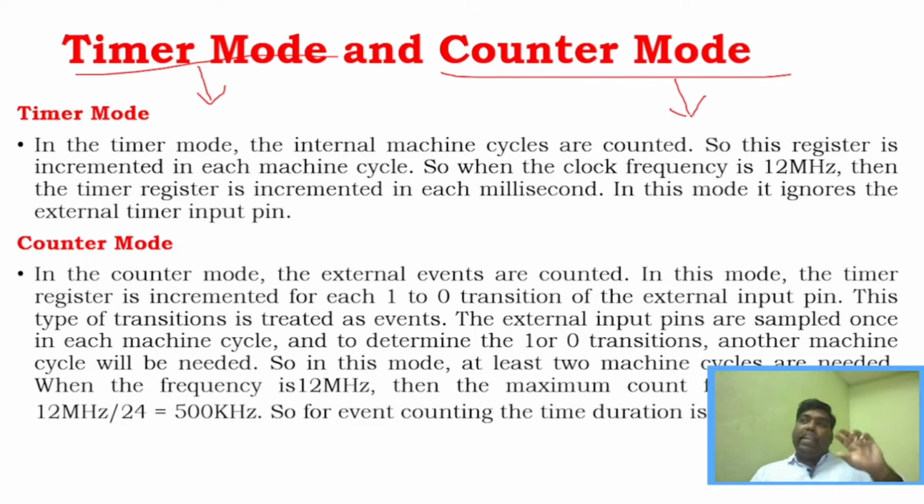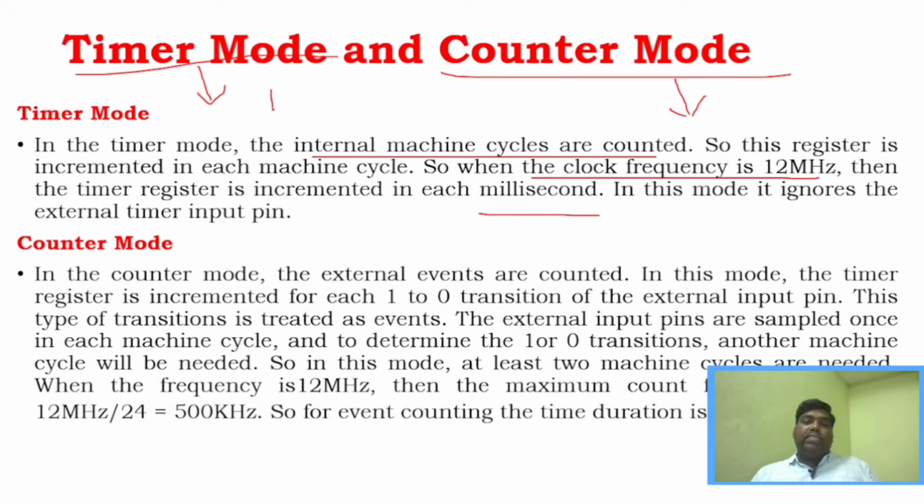When it uses the internal clock cycle, it will count the internal machine cycles. Whenever the clock frequency used is 12 megahertz, the timer register is incremented every microsecond. And I would like to tell you one particular thing here.